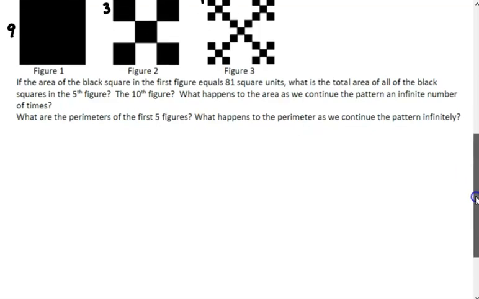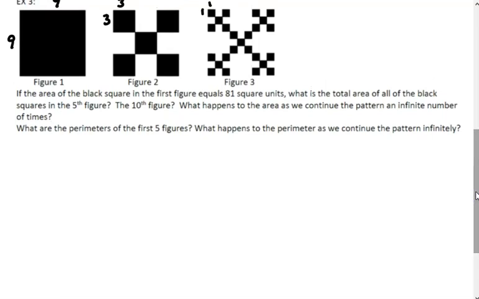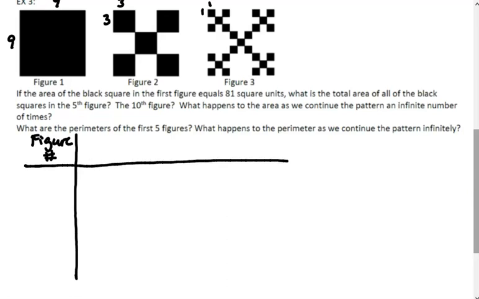So I want to make a little chart here, just looking at these figures. The first column is just the figure number. Okay, so we have figure number 1, 2, and 3. The second thing I want to put in is the side length. So the side length for figure 1 is 9. The side length for figure 2 is 3.